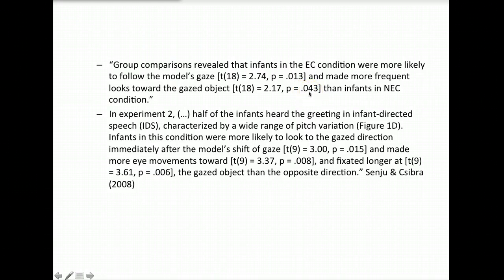So this is maybe a more marginal significance, we would say. So the effect is not that strong. We can see that both in the t-value, which was higher up here and is a bit lower here, and this is still a significant finding because it's lower than 0.05, but it's more marginal.